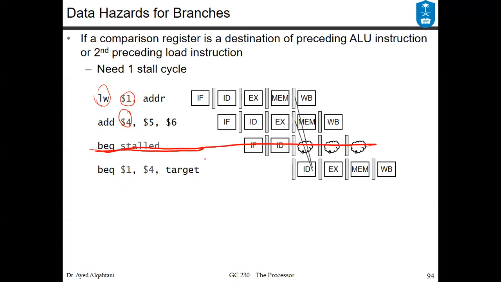So you take out the branch and you put it here. Because you need to calculate the branch outcome, compare the registers and get the target address in the ID stage. And you need to get this from the execute stage and for the load from the memory stage. So you need to add a bubble. So basically, if they are directly before the branch, the add and the load, then you need to add one bubble, or one stall cycle.